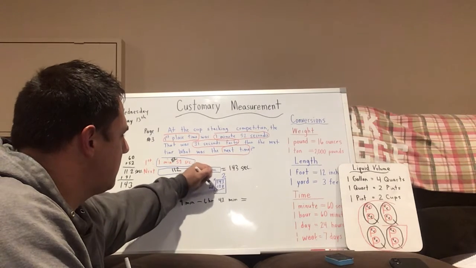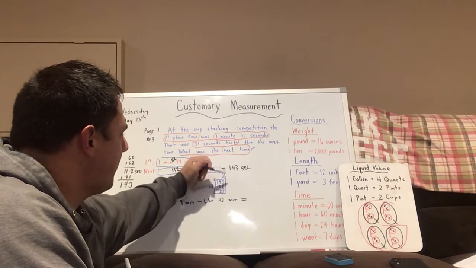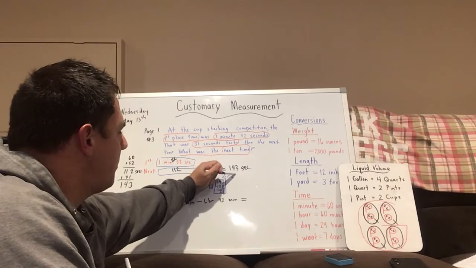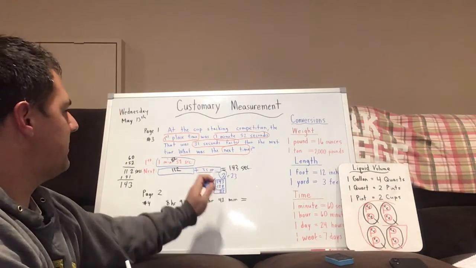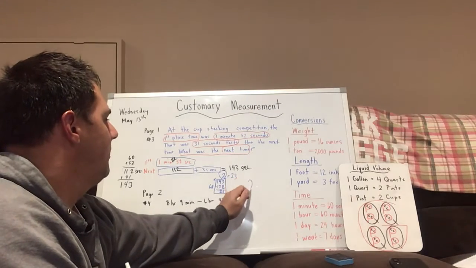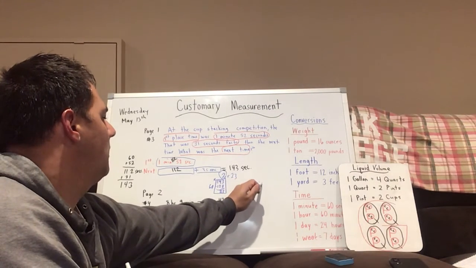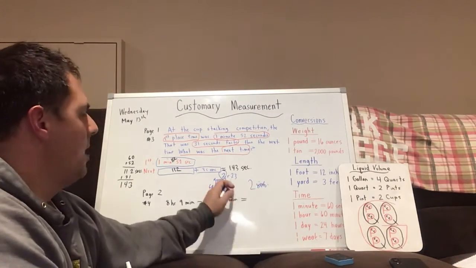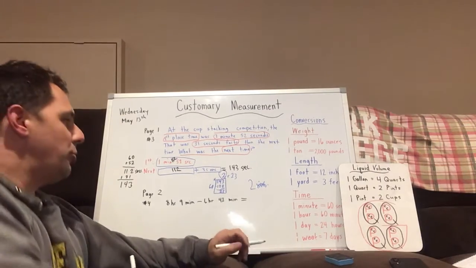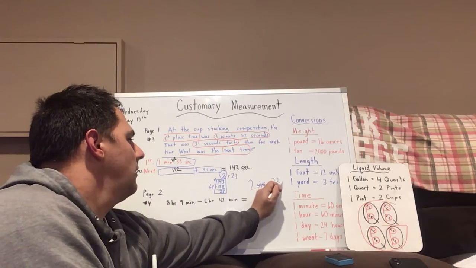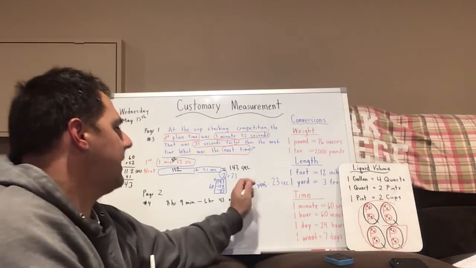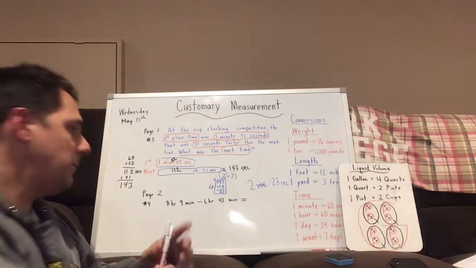I'm going to subtract, and I'm left with 23. Remember, your whole number is your bigger unit, so that means 2 minutes. My remainder is your smaller unit, so it would be 23 seconds. So that would be my answer for the first problem.